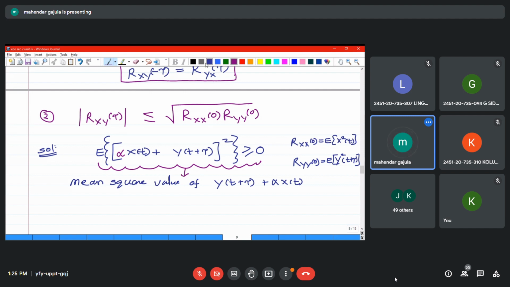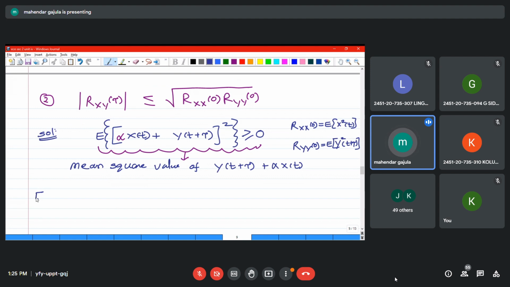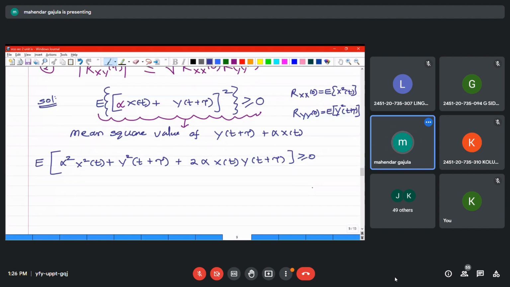Now let us do that. Expectation of alpha square x square t plus y square t plus tau plus 2 alpha xt yt plus tau is greater than or equal to 0. Now let us apply expectation.